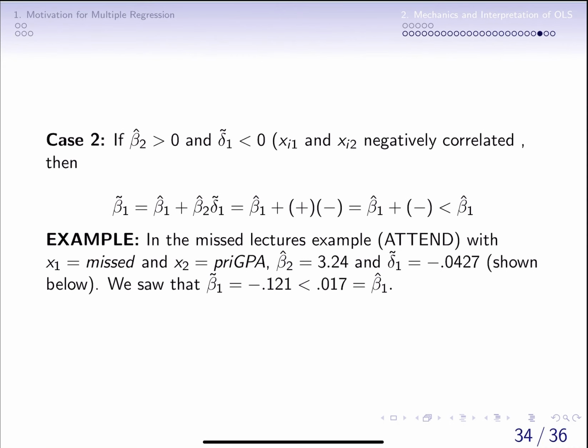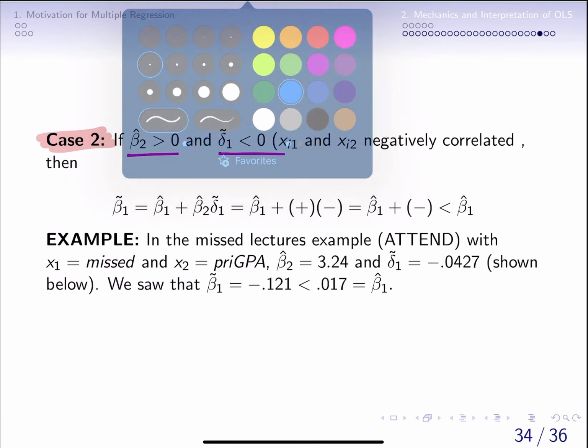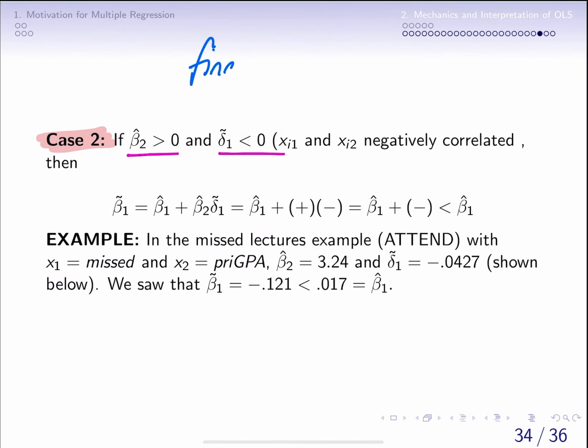Now we can consider another case where the signs are opposite. So let's say beta 2 hat is greater than 0 and delta 1 hat is negative. We saw that in the example with the attendance data, where we were trying to predict final exam score using data on missed lectures and prior GPA.